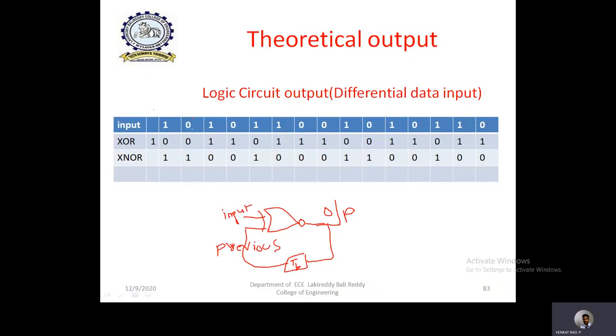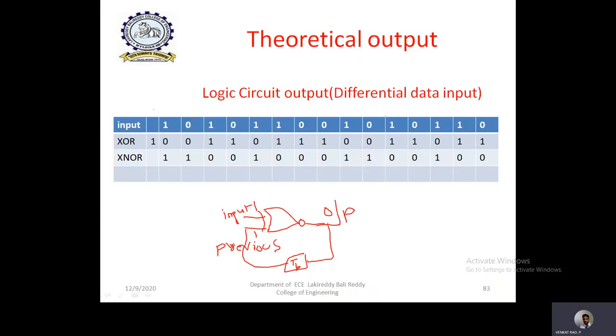So let us take the continuous sequence as the input, and let us assume the previous value is 1, and the present input is 1. So 1 and 1, if you make an XOR operation, that will be 0 because the same inputs are coming. So the output is 0, and automatically XNOR will be 1, the reverse.